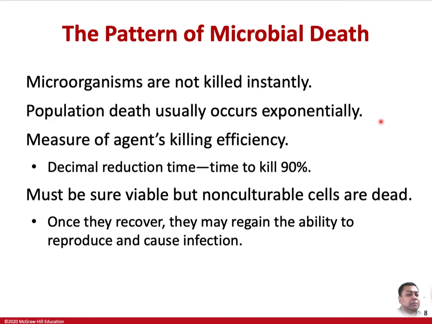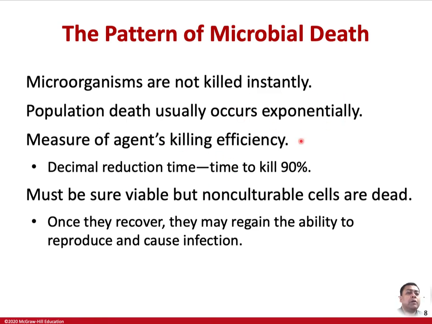Remember that when we talked about the growth of microorganisms, after the initial lag phase, growth happens exponentially in a log phase if there is availability of nutrients. In the same way, when microbes are killed due to exposure to some agents, they are also killed exponentially, but not instantly. They do have a lag phase, just like their growth.